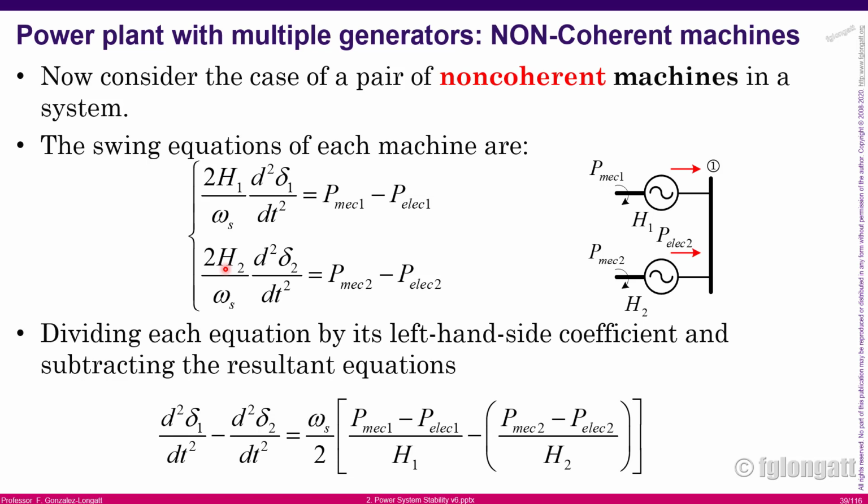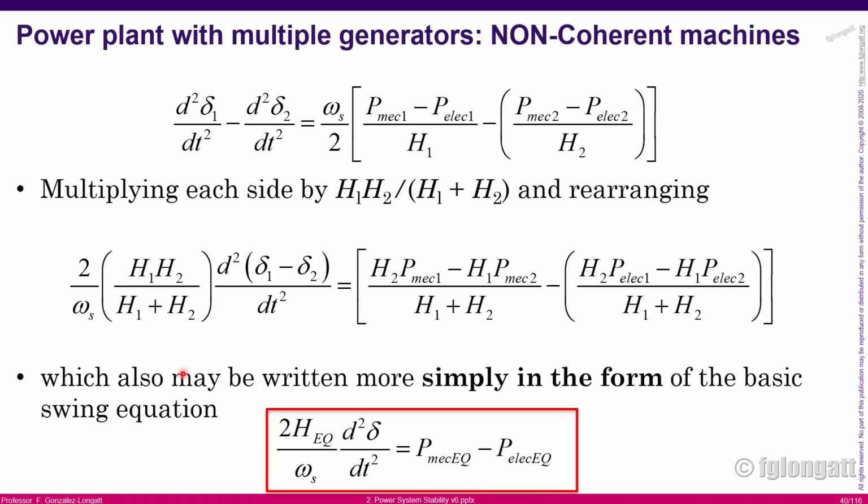What is the only way that we can solve this problem? Well, we can try to find an equivalent machine. What we need to do, for instance, is divide each equation using some coefficients, and then multiply by this relationship about the inertia.